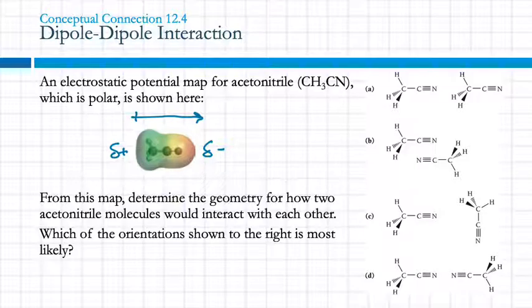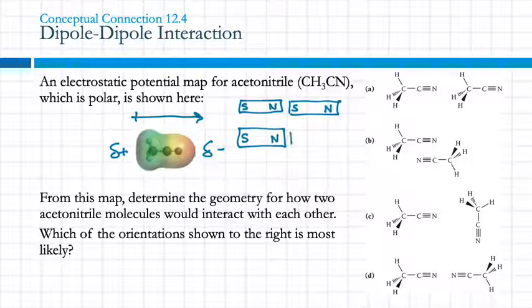And so this is a lot like looking at those bar magnets. If we had south and north and south and north, if we're looking at magnets, which of these would cause them to be attracted to each other? The top one, where the opposite poles are close to each other.